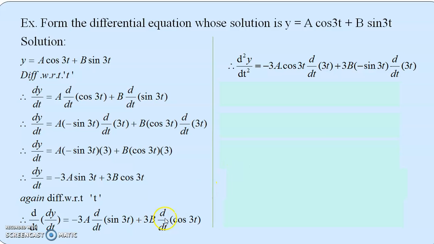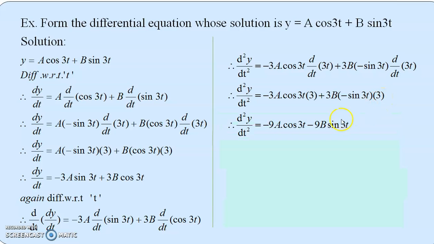Plus this 3b as it is, derivative of cos 3t, that is minus sin 3t, and again take the derivative of 3t. So we get d2y by dt square is equal to minus 3a cos 3t as it is, and the derivative of 3t with respect to t is nothing but 3, plus 3b as it is, minus sin 3t as it is, and the derivative of 3t with respect to t is 3.